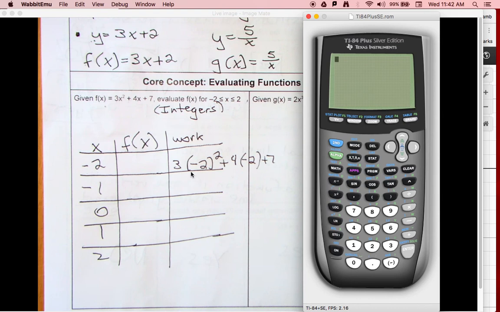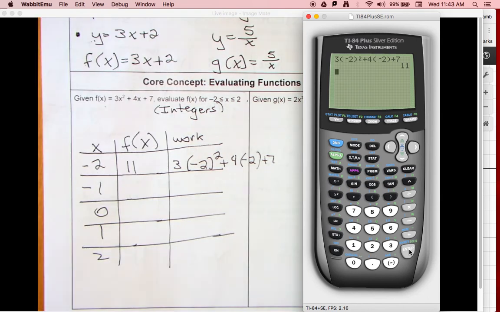I'm going to plug this in exactly like it looks. So we're going to go 3 times, for negative 2, use this key down here for the negative, as opposed to the minus. All right, negative 2, we got the squared button right there. Whoops, I forgot my negative 2. Let's back up. So negative 2, closing parenthesis, squared, plus 4 times negative 2, plus 7. All right, hit enter, get an answer of 11.